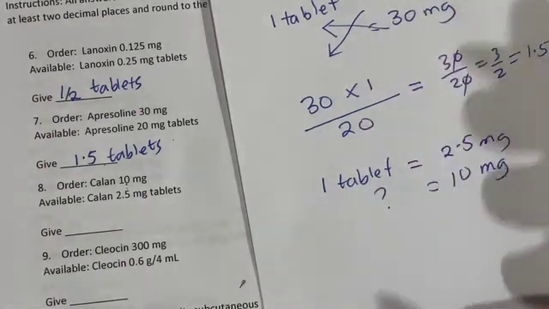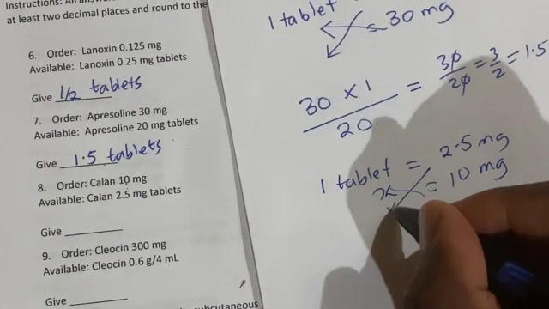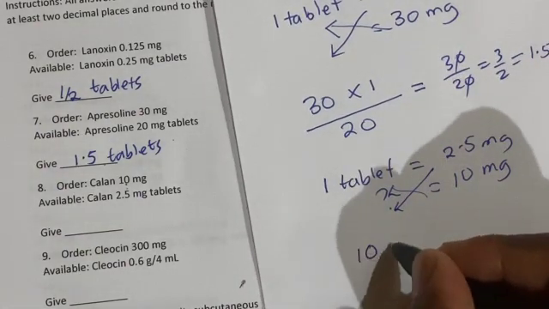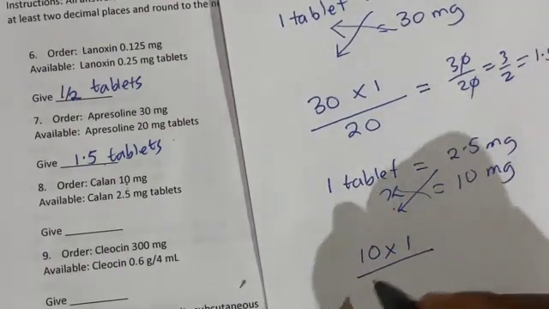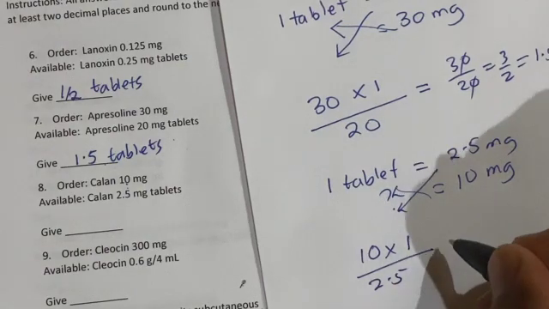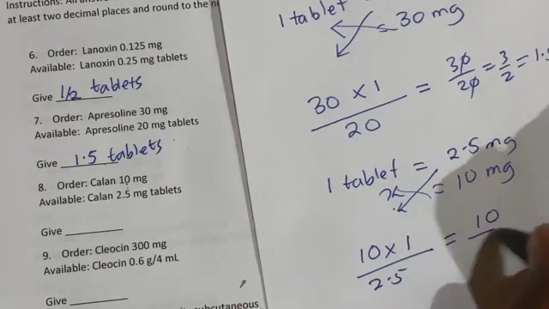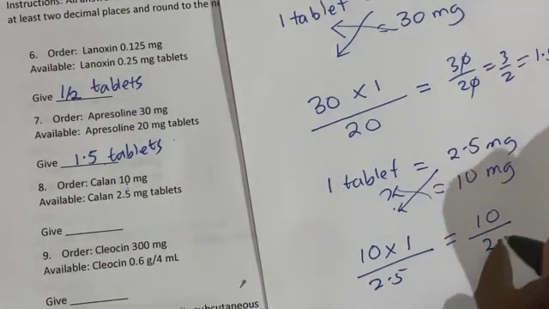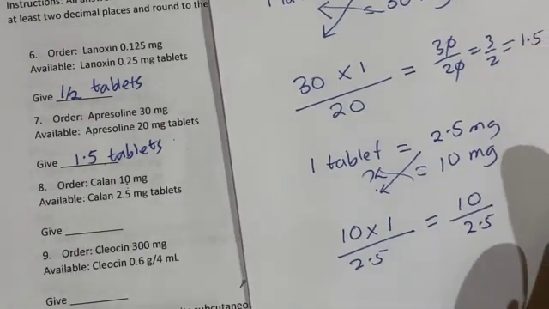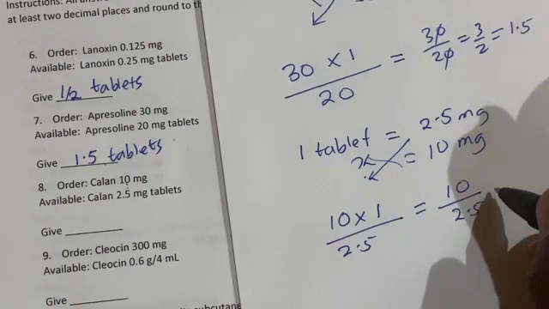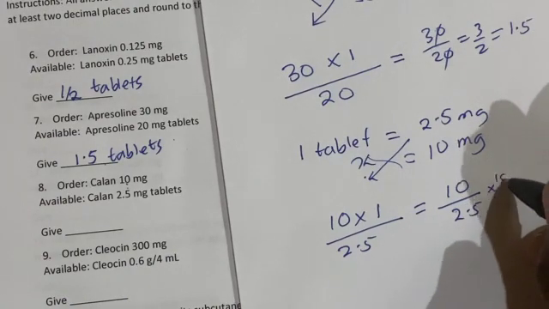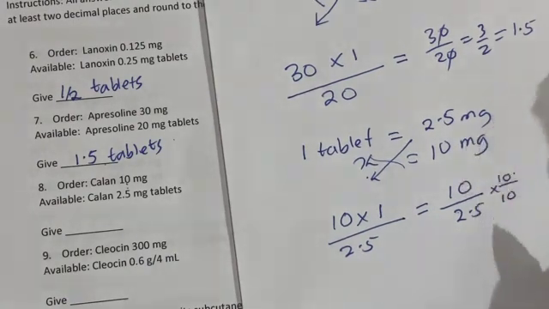So like the other one, we just cross multiply. So 10 times 1 divided by 2.5. So we have 10 all over 2.5. So you multiply both sides by 10 to take away this decimal place. So times 1 times 10, times 10.